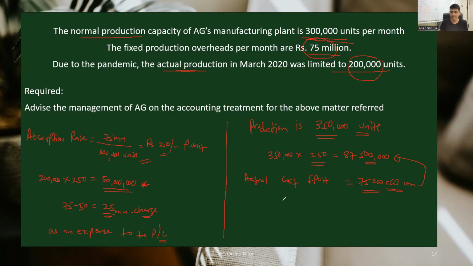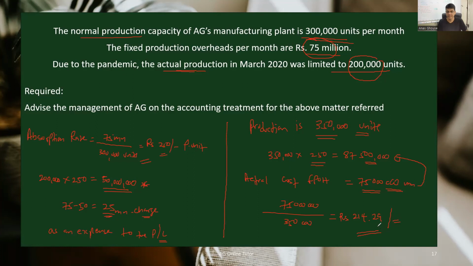So that means 75 million divided by 350,000. You have to absorb at the rate of 214.29. So you need to allocate this 75 million at the rate of 214.29.